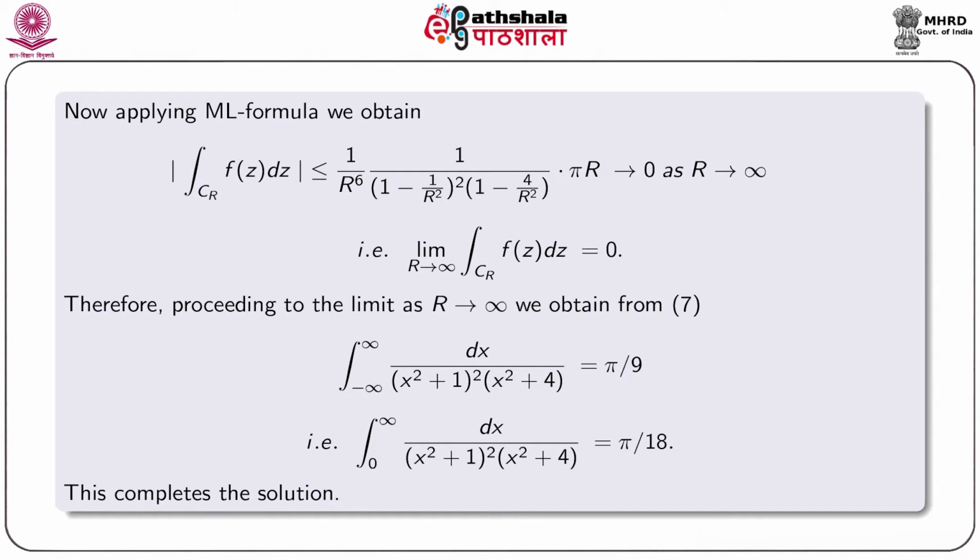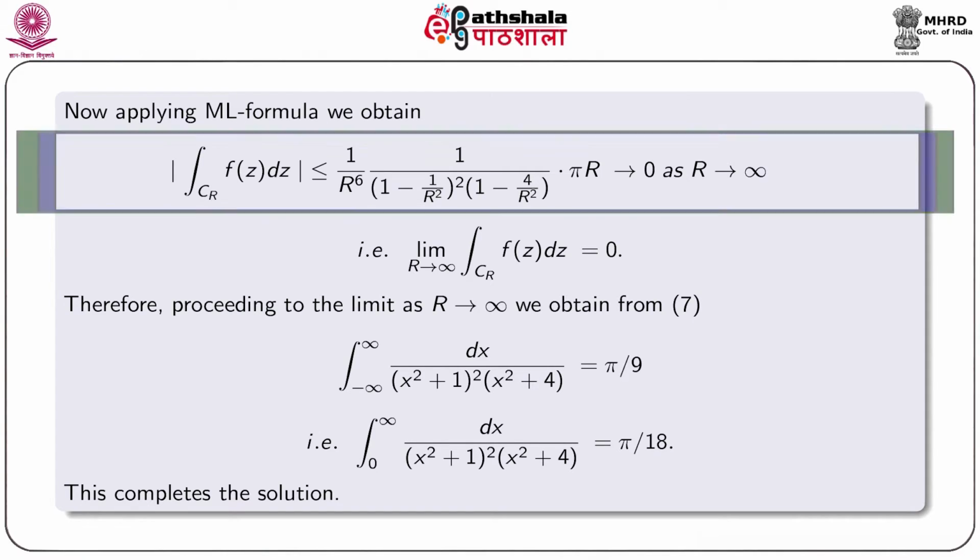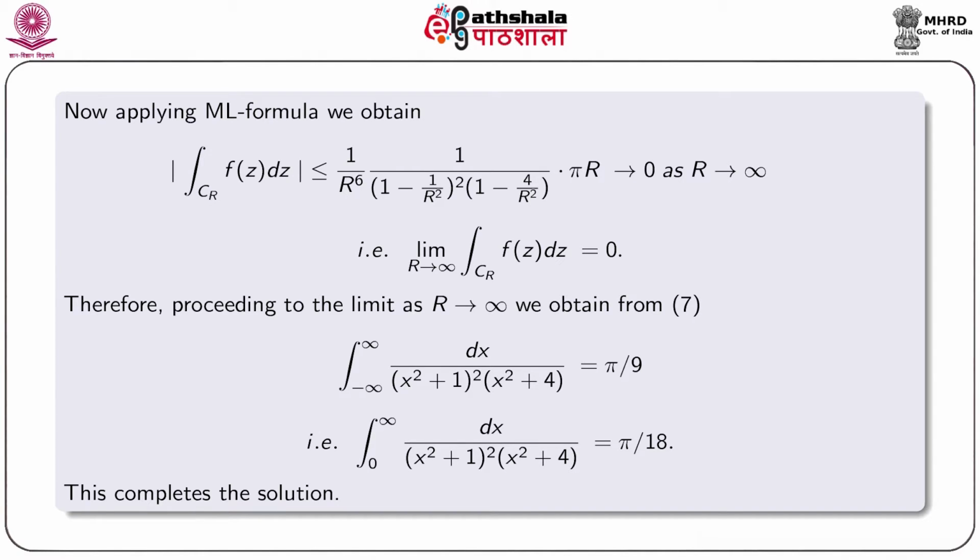Therefore, applying the ML formula, we obtain modulus of the integral over CR of f(z) dz is less than or equal to M into L, where M equals 1 by R to the power 6 into 1 by (1 minus 1 by R squared) whole squared into (1 minus 4 by R squared), and L equals the length of the semicircle, that is equal to pi R, and this tends to 0 as R tends to infinity.